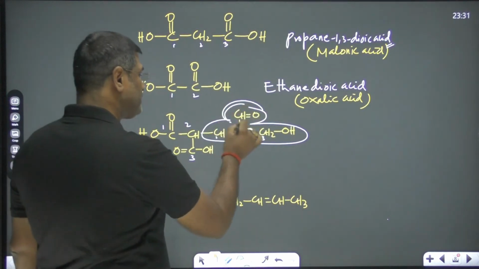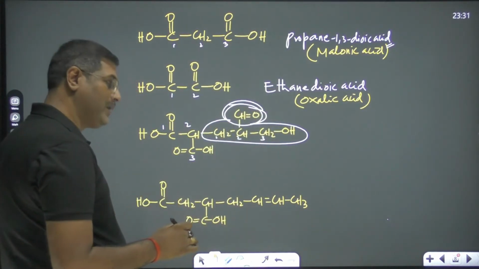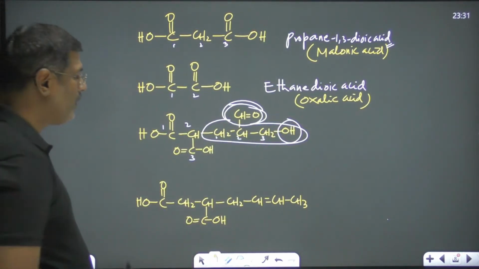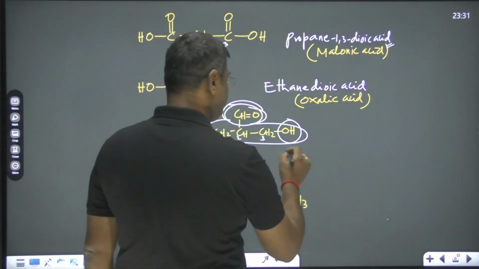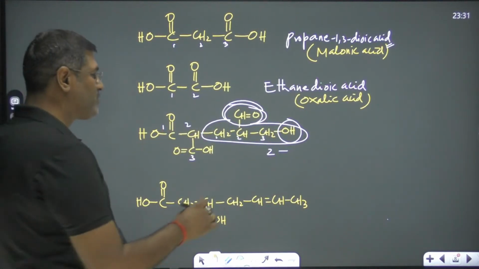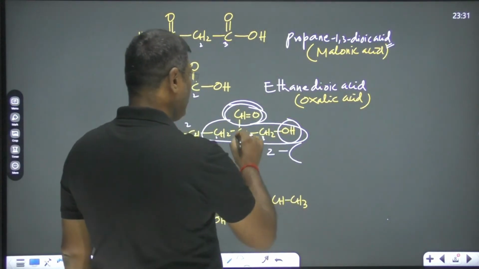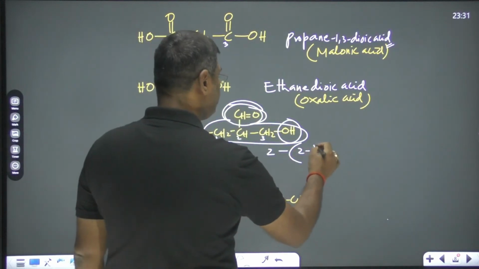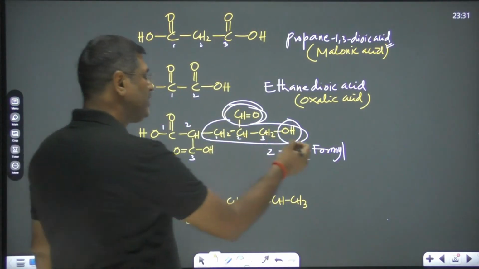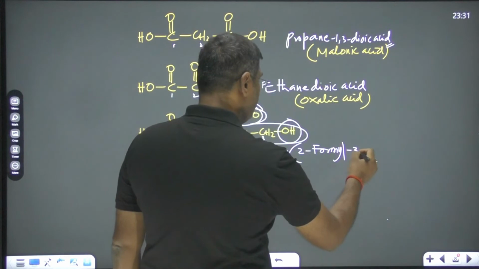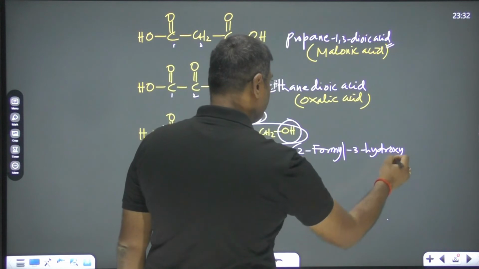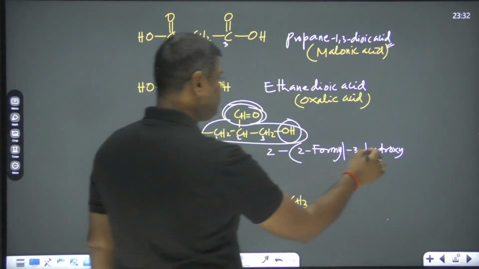And interesting, for this one we use the term formyl. This one is hydroxy. And we say on the second position we have this substituent. And what substituent we have? We have 2 formyl, 3 hydroxy, propyl.